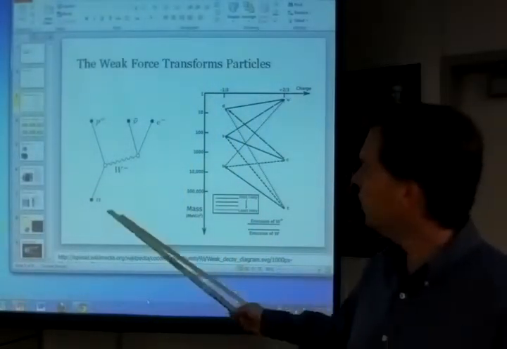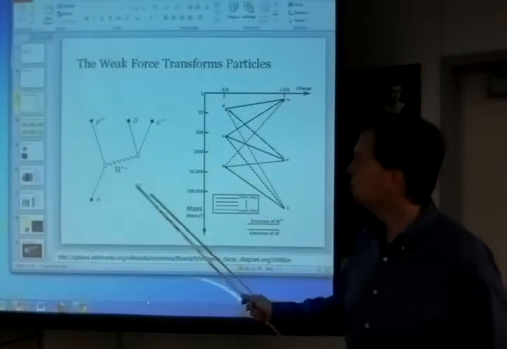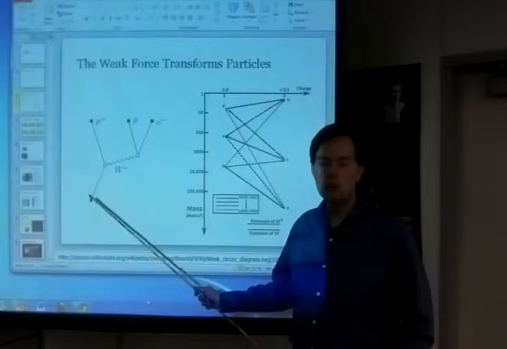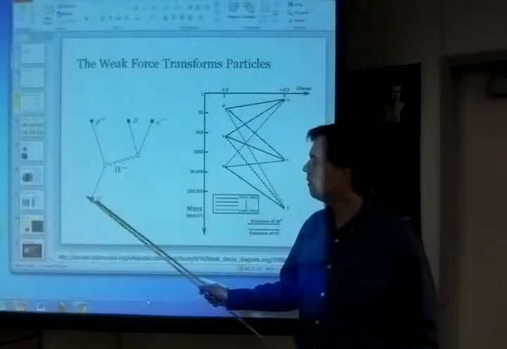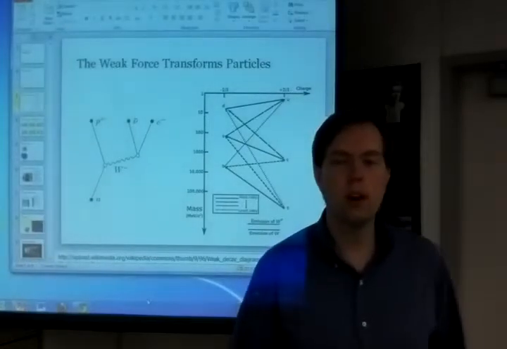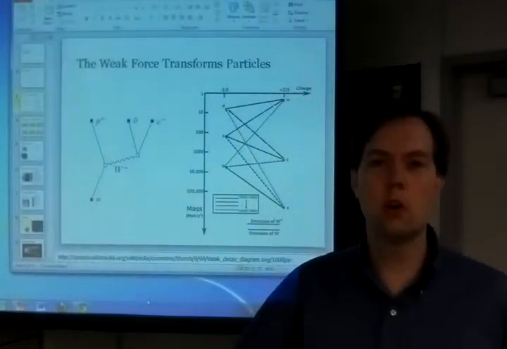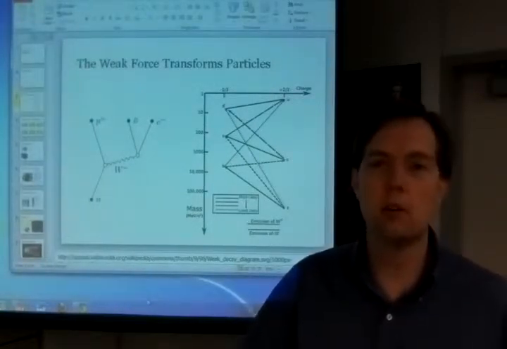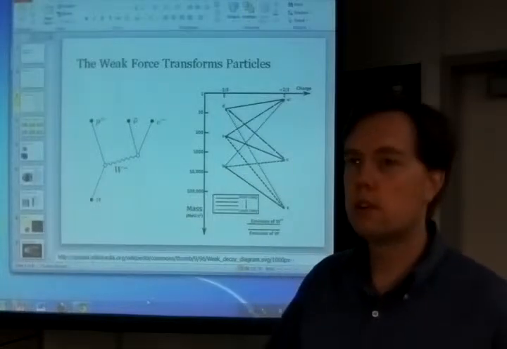This Feynman diagram represents a neutron decaying. We're now able to incorporate in a Feynman diagram the way that neutron decays, which we talked about a long time ago when we introduced the nuclear forces.